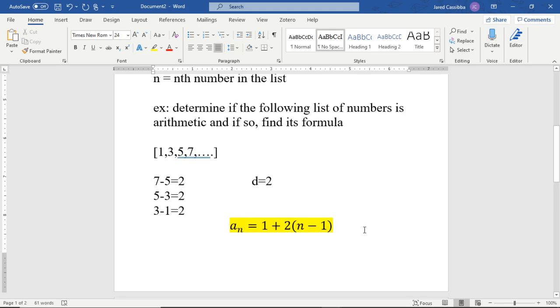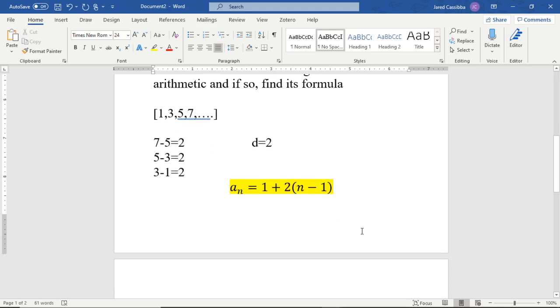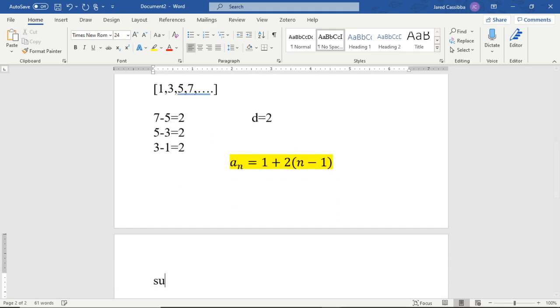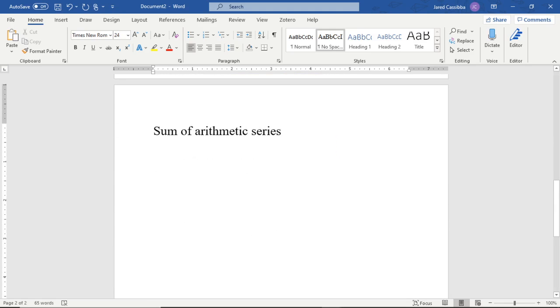There's also one other thing they could ask you to do, and that's to find the sum. They could say, determine if this is arithmetic or not, and then find me the sum of the first 20 terms. We use that with another formula. Let me give myself some more space. Let's do the sum of an arithmetic series. That's going to be a new formula.